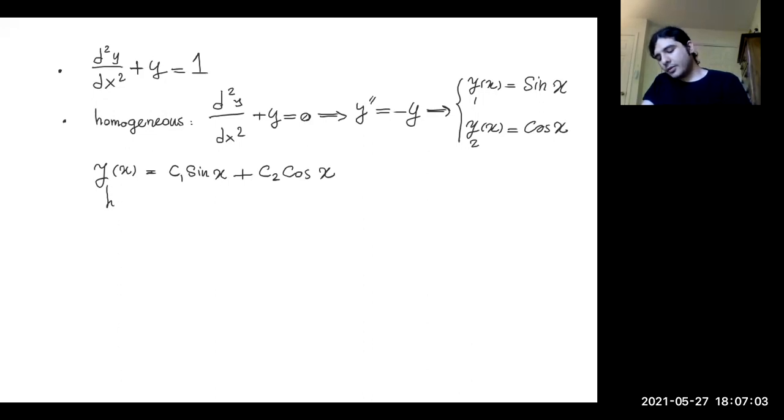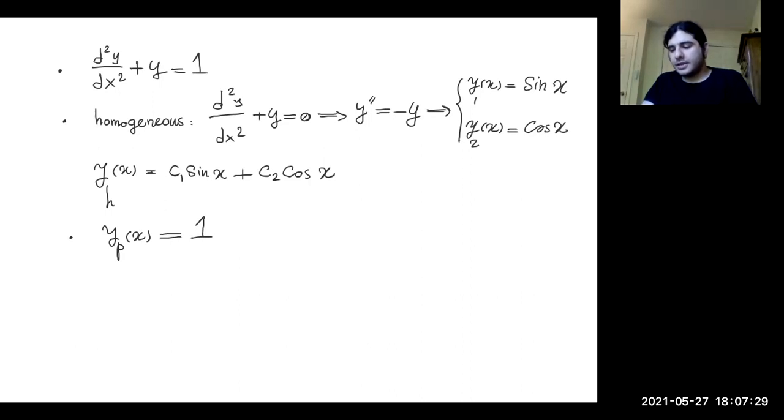Now we want to look for the solution to the non-homogeneous part. So we are looking for a so-called particular solution. As I mentioned the other times, sometimes we might simply be able to guess. Here it's not hard to see the constant function 1 is a particular solution.